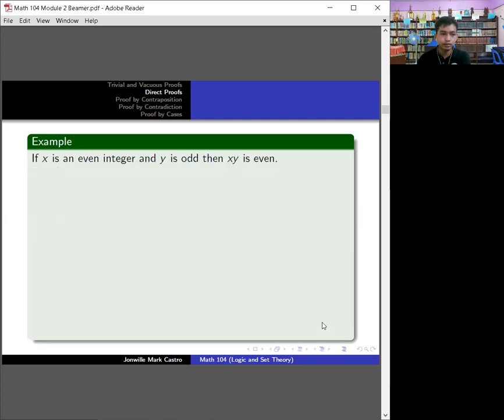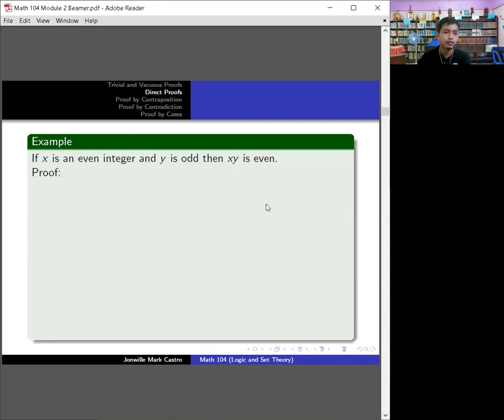Next, another example. If x is an even integer and y is odd, then xy is even. So assumptions natin dito ay dalawa. X is an even integer and y is odd. Ang need to show natin is yung nasa then, yung xy is even.